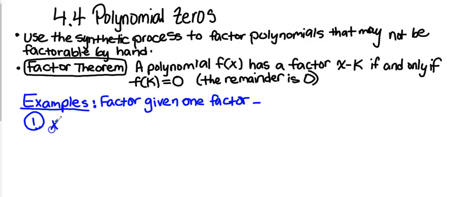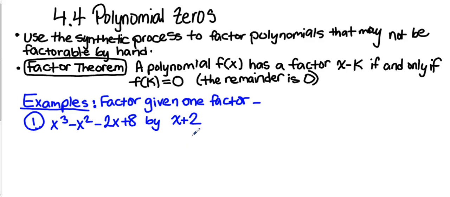Our first example will be x cubed minus x squared minus 2x plus 8 by x plus 2. So I am told right now that x plus 2 is a factor. Based on the factor theorem, if x plus 2 is a factor, I know that when I divide, I should get 0 as a remainder. So let's see what happens.